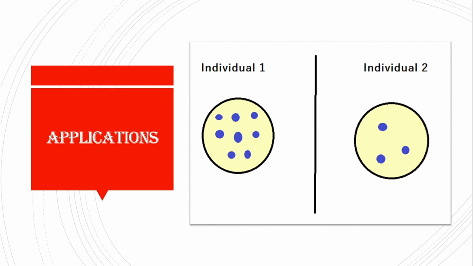Another application is that we can also use it to compare the cytokine titer and estimate the immune response of that particular individual, wherein individual 1 shows a greater number of cytokine producing cells, indicating a higher immune response or a later stage of immune response different from individual 2.